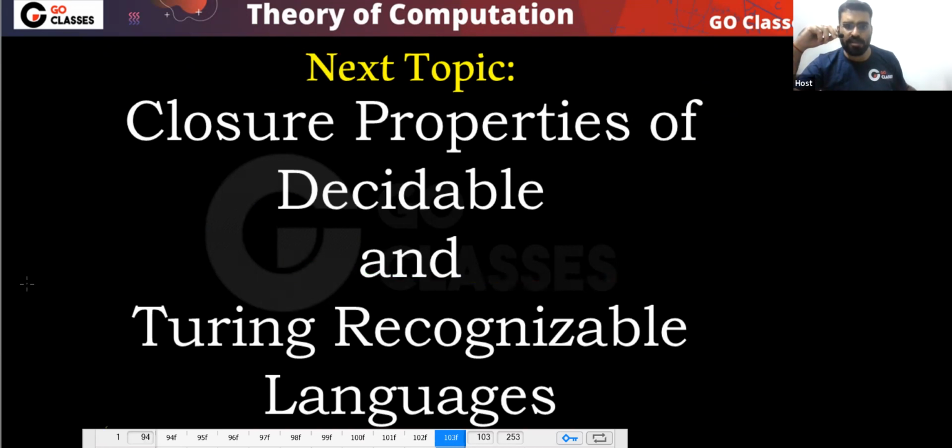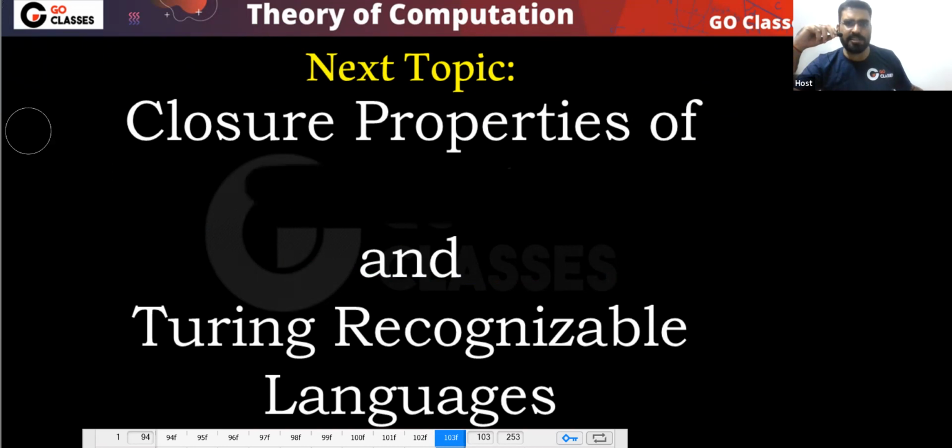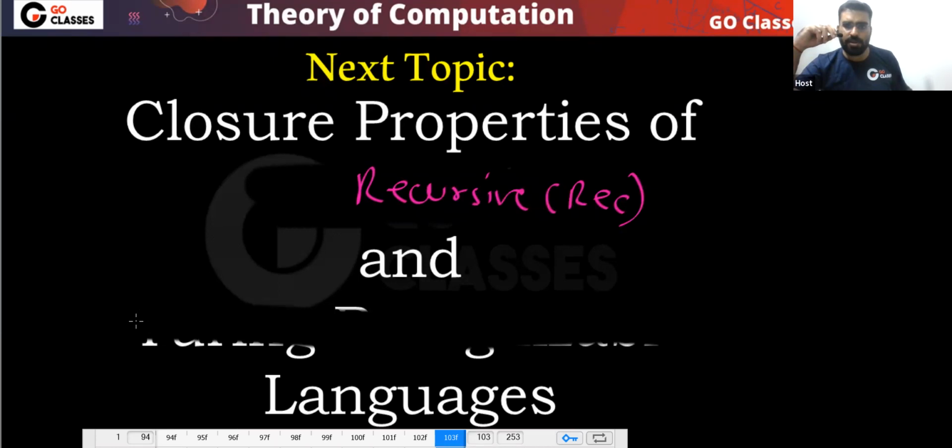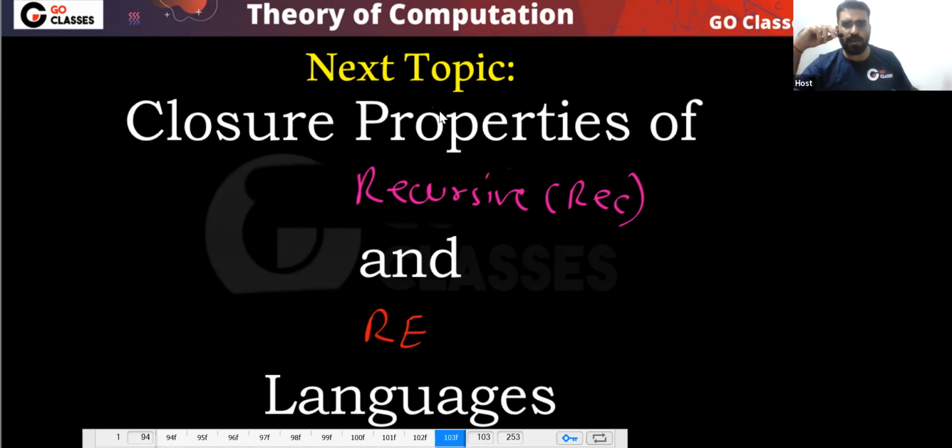Decidable means recursive, REC. And Turing recognizable means RE.